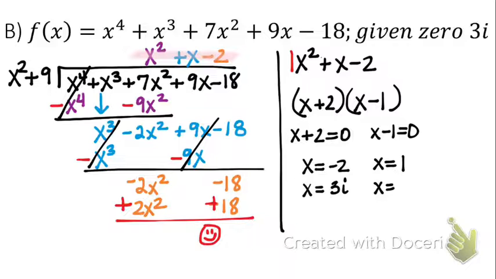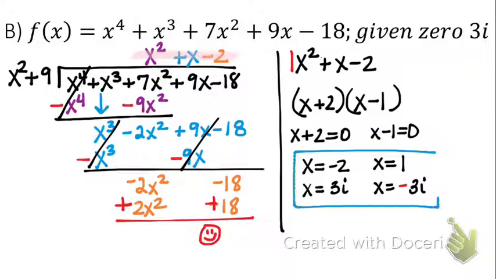X equals what? Negative 3i. And that is that.